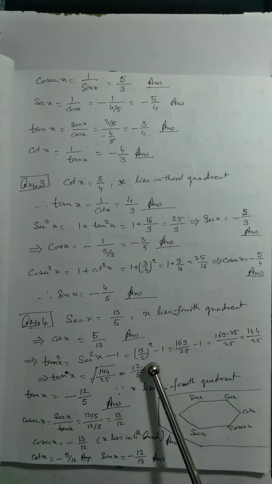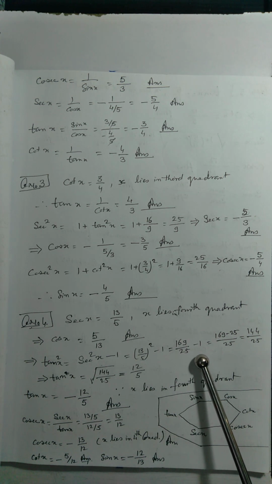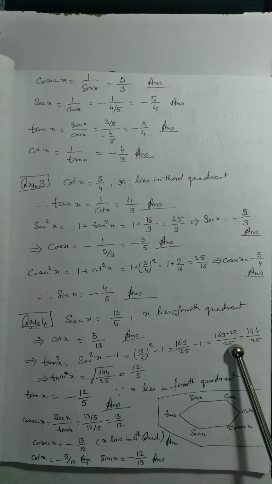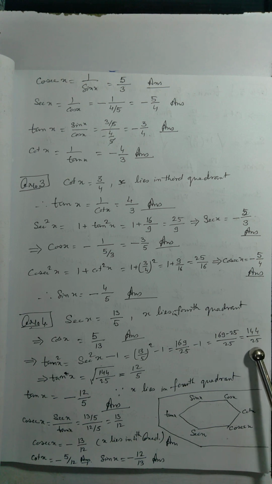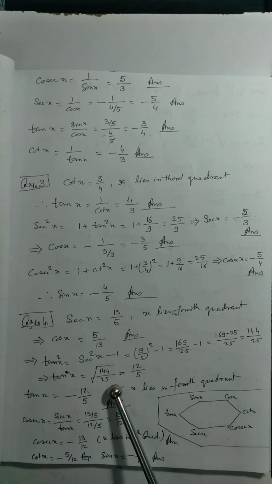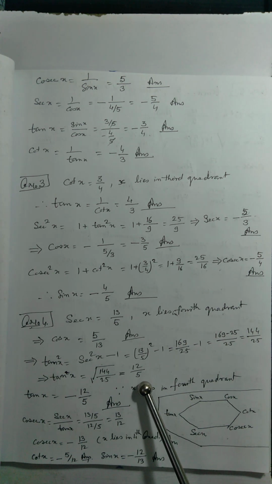It will be equal to 13 by 5 whole square minus 1, and it will be equal to 169 by 25 minus 1. Further solved, 169 minus 25 by 25, it will be equal to 144 by 25, taking the square root. So tangent x will be equal to the root of 144 by 25. It will be equal to 12 by 5.